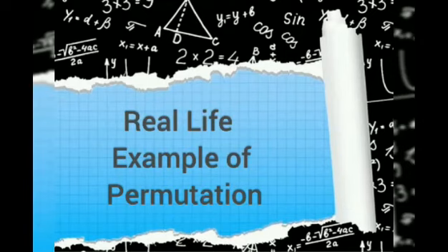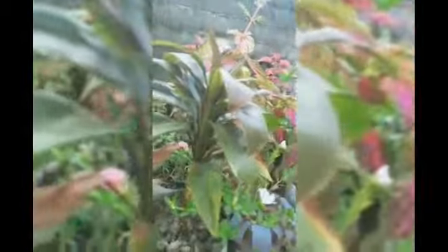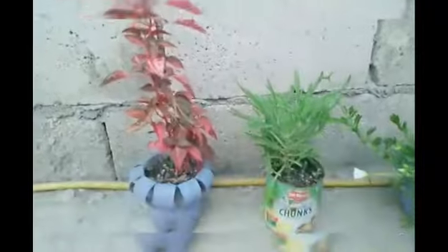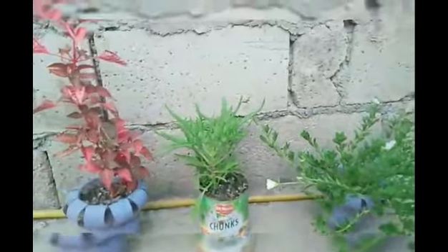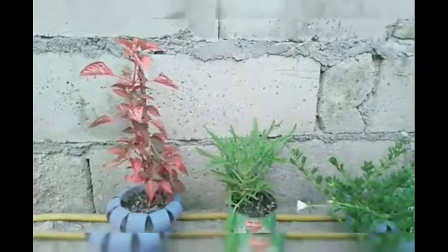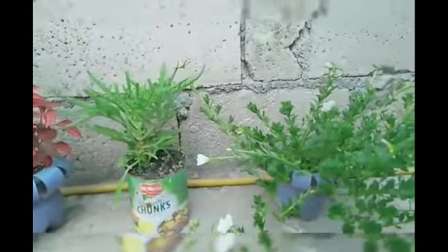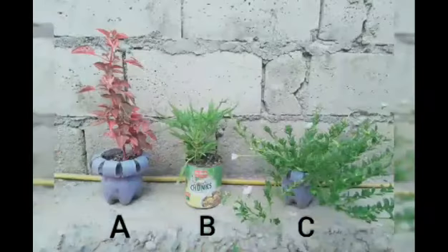Real-life example of permutation. We have different types of plants here. We can arrange them in different orders. It shows 3 different types of plants here. So here are the possible orders that we can make in these 3 plants.